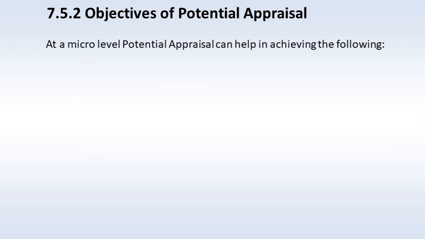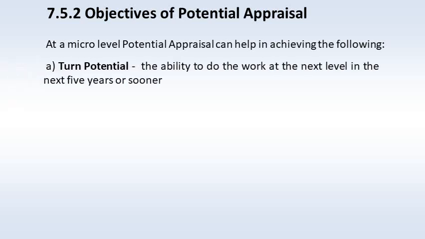Objectives of potential appraisal. At a micro level, potential appraisal can help in achieving the following. It can assess three kinds of potential. Let's see what they are. A. Turn potential, the ability to do the work at the next level in the next 5 years or sooner.